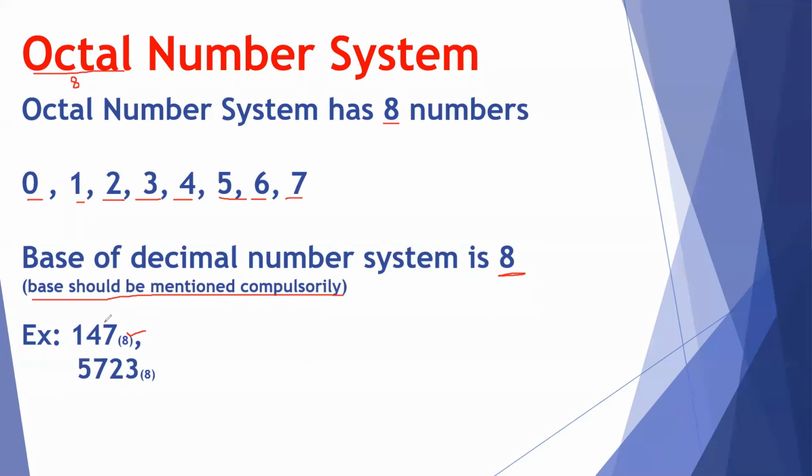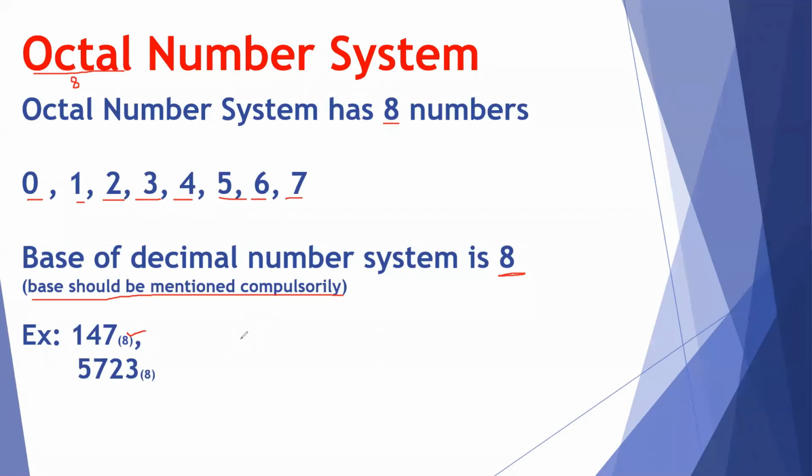So here again the same rules: numbers should be within the octal numbers, and the base needs to be mentioned. So 1 exists, 4 exists, and 7 exists in this number, whereas 5, 7, 2, 3 also exist in this number.